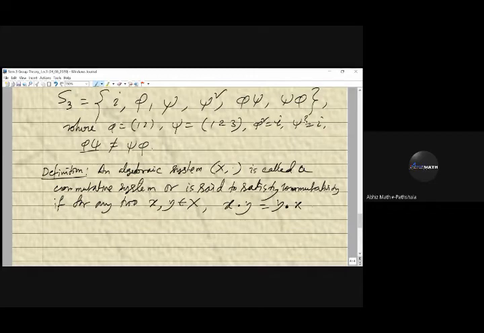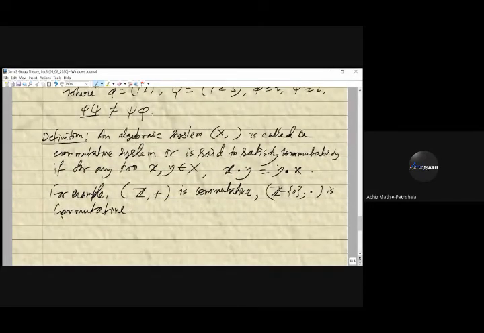This holds. And for example, you have already seen that Z plus is commutative. Z minus 0 dot is commutative. Also, Zn plus is commutative.